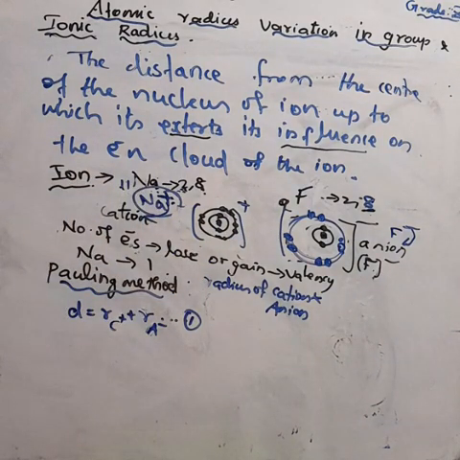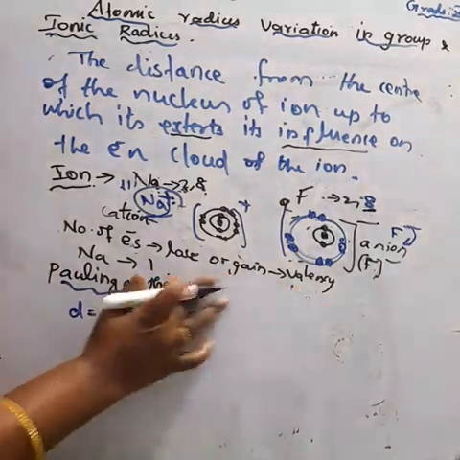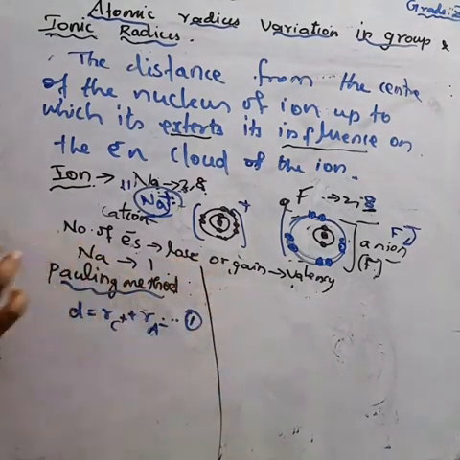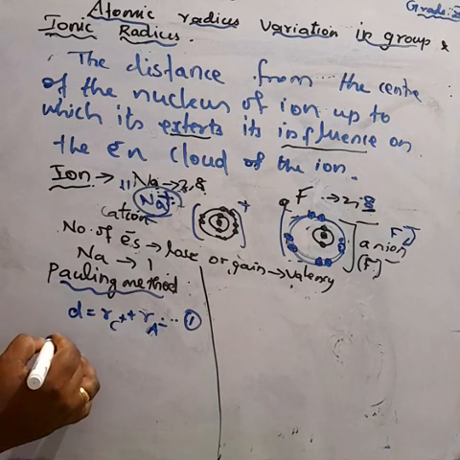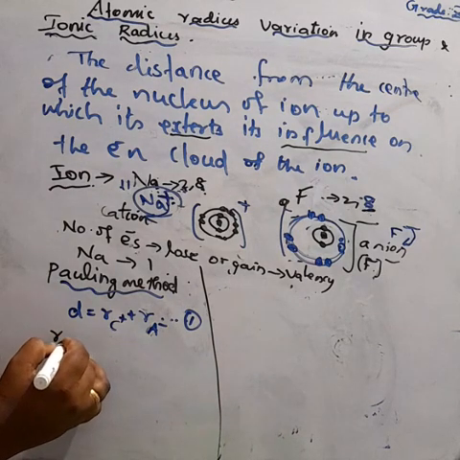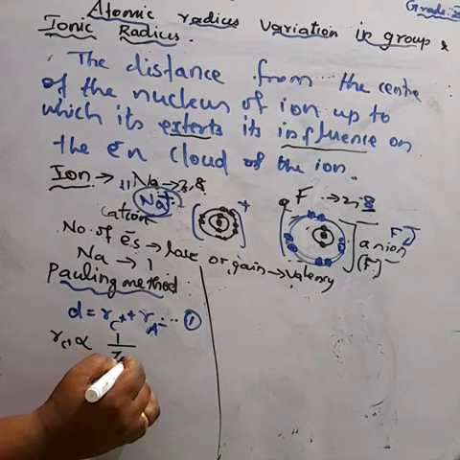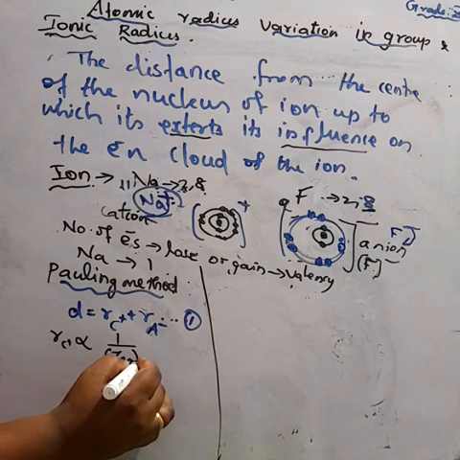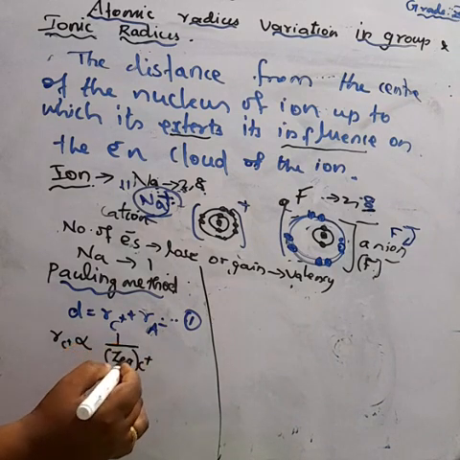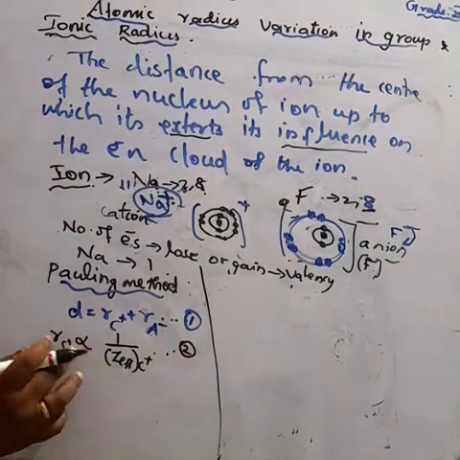Understood? Because of this, there is one more assumption given by Pauling's method: the radius of the cation is inversely proportional to the effective nuclear charge of the cation. Radius of the cation, RC plus, is inversely proportional, that is 1 by Z effective of the cation.